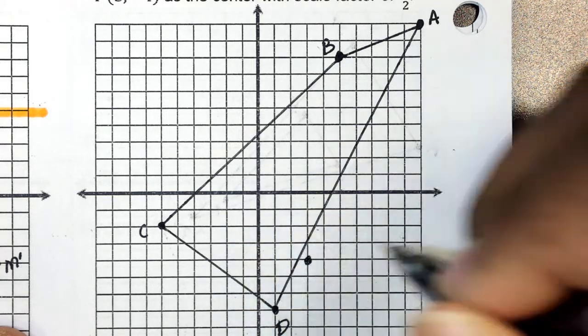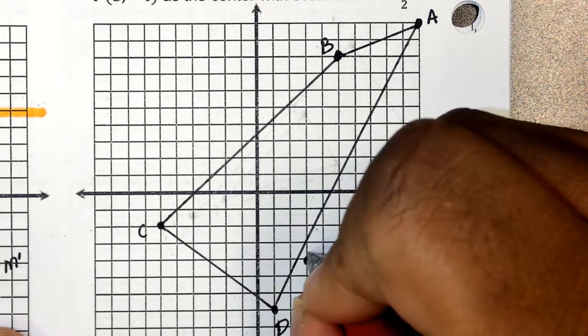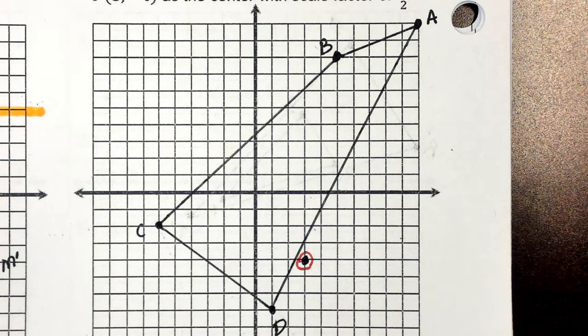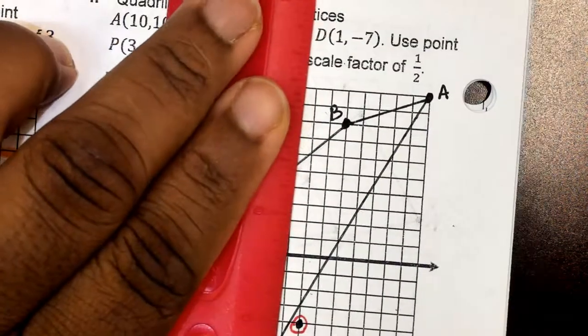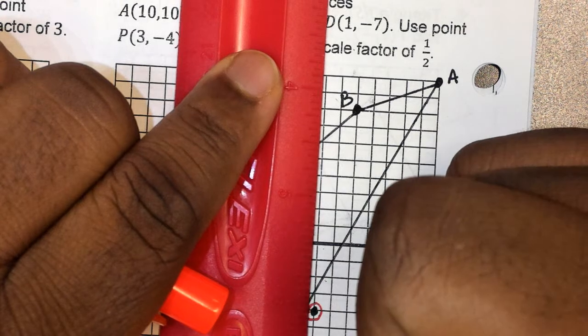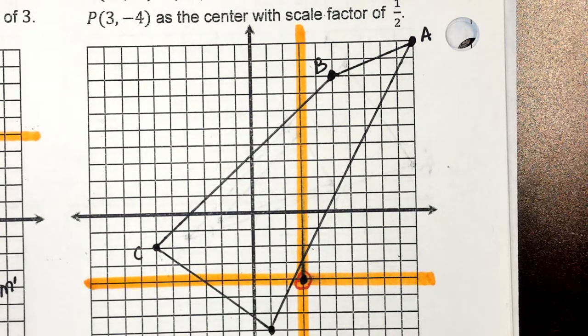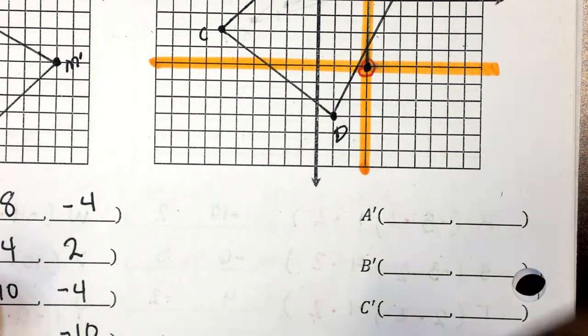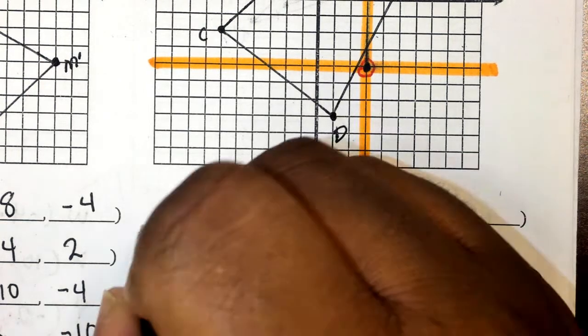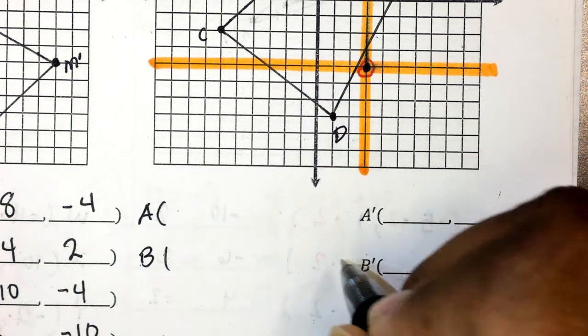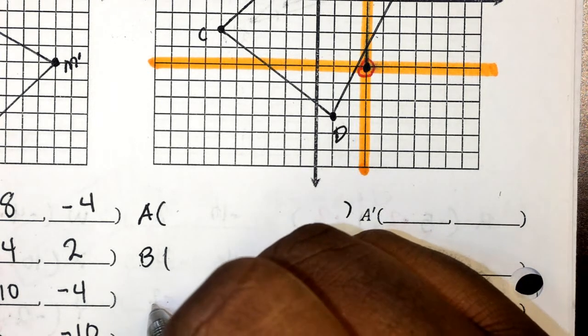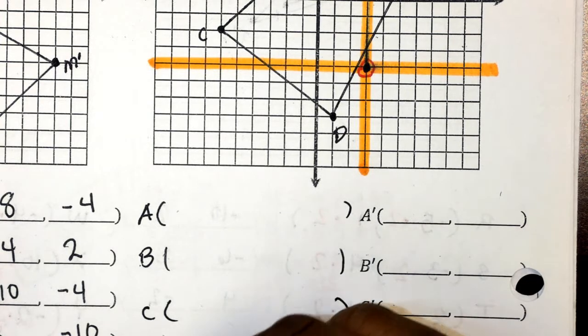This is where everything is going to be based off of right now at this point. So we're going to have A, B, C, and D.